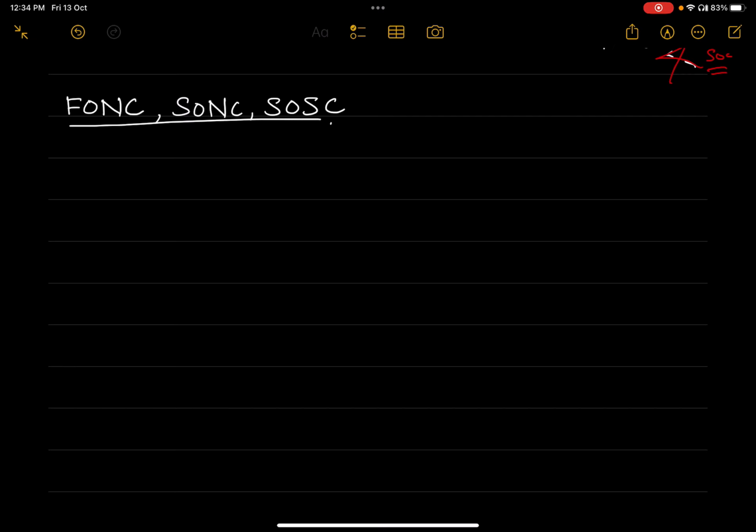Let's consider FONC first. A point, let's call that point x star. X star is a minimizer of the function f of x.